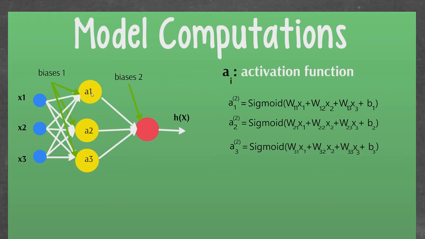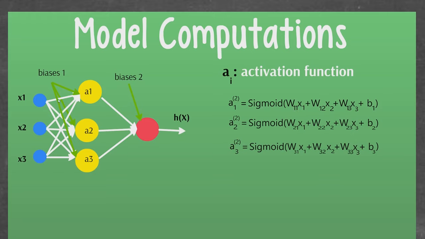So for A1, the first activation function, the first cell in our first hidden layer, or you can call it the second layer. First hidden layer is the same as saying the second layer. So how do we do the computations? We take the weight 1,1. This is not 11, this is called 1,1. The first one means the first set of weights, and the second one means from the input number 1.